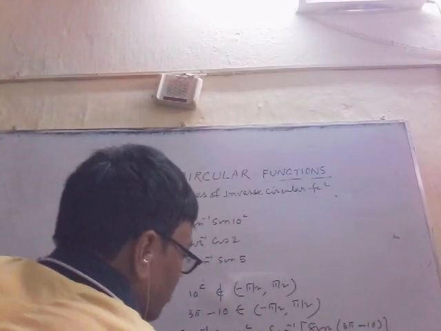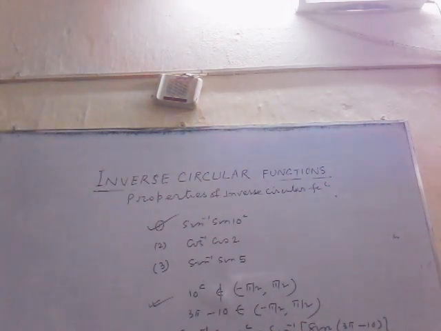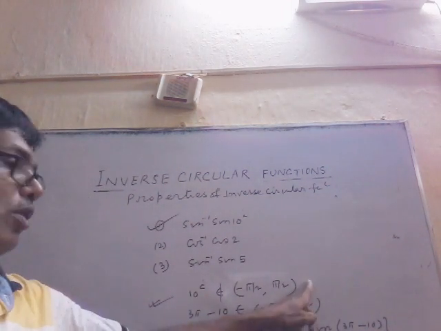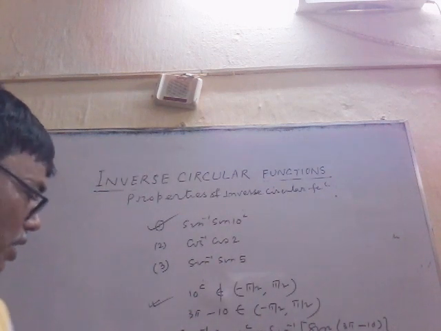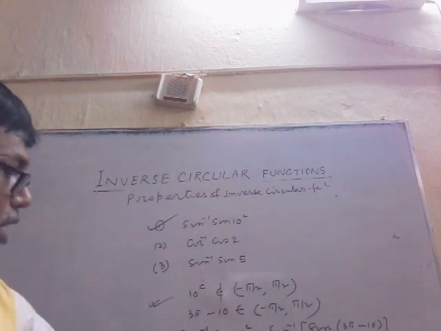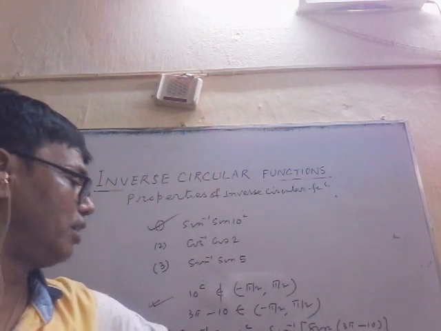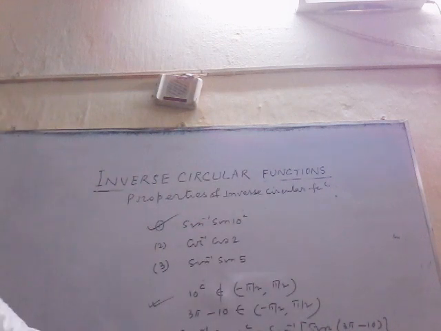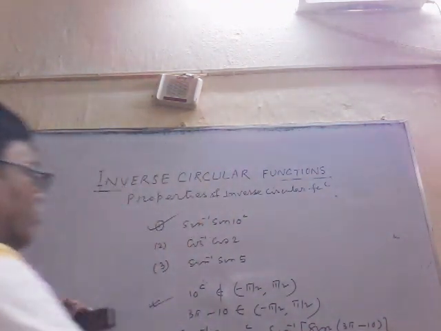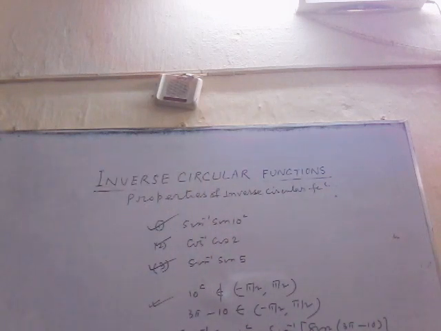So sine and sine inverse absorb this. Look, 10 radians does not belong to the principal value of sine inverse, so 3 pi minus 10 belongs to this. Sin inverse sin 10 is sin inverse sin of pi minus 3 pi minus 10. This is sin 10 and this argument belongs to the principal value. Therefore, what is the simplified value? 3 pi minus 10. So, similar to this problem, you solve this and this.